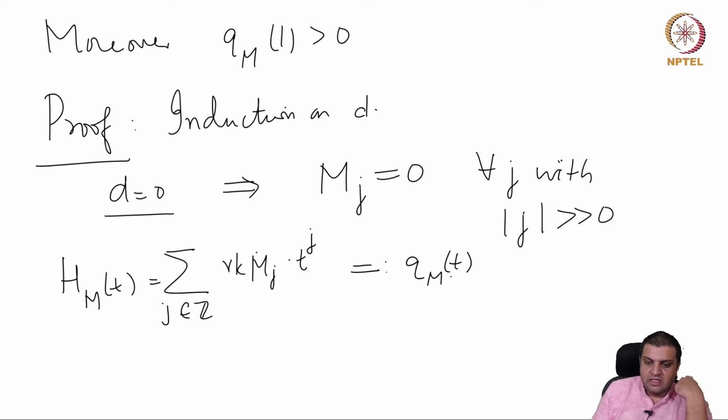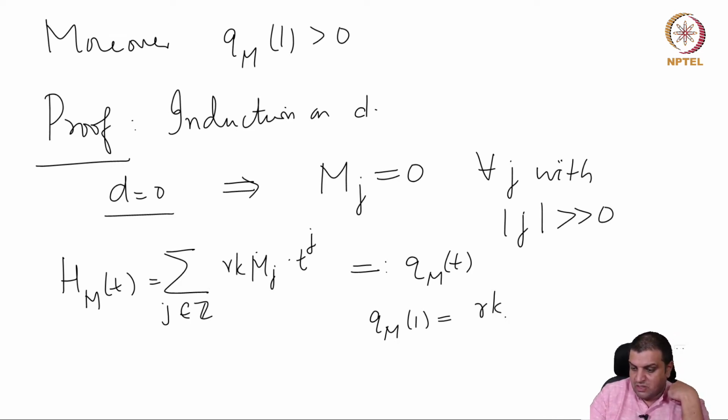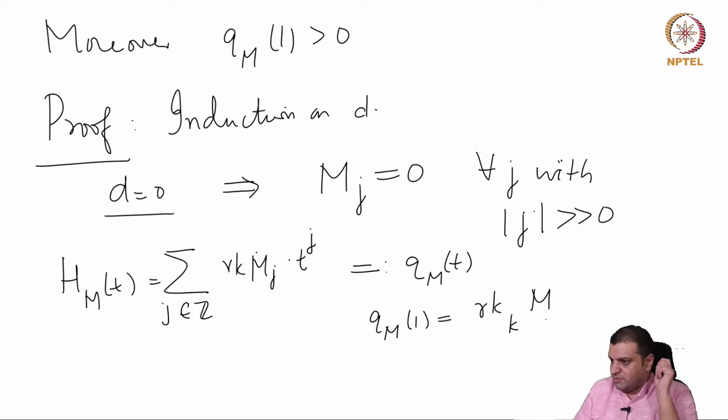It satisfies that condition. Q_M of 1 is just the sum of these things, so it is the rank of M as a K vector space. That itself is finite because of this condition. So this is the d equals 0 case.